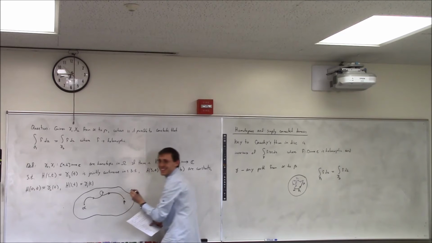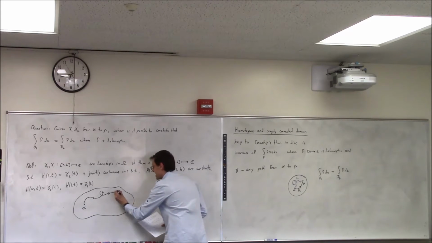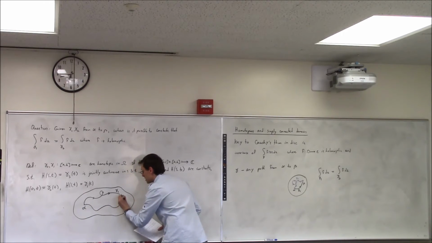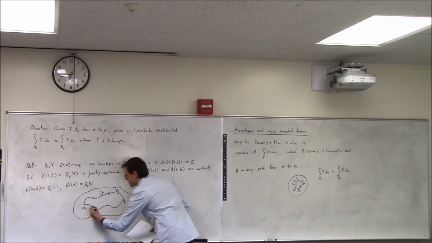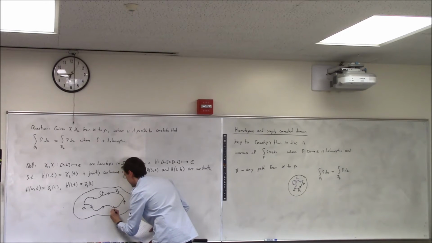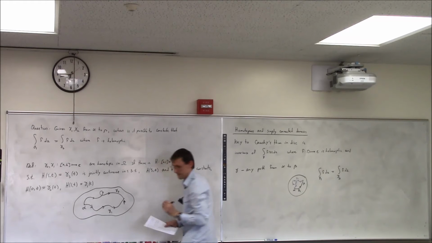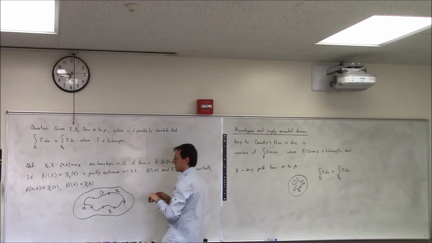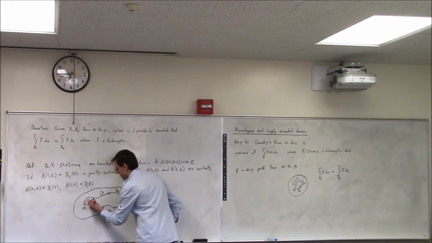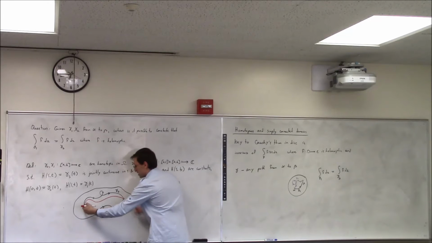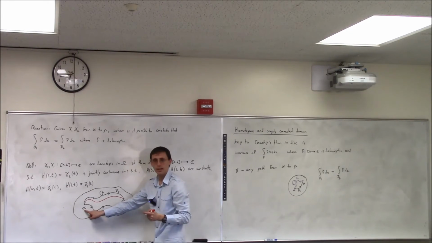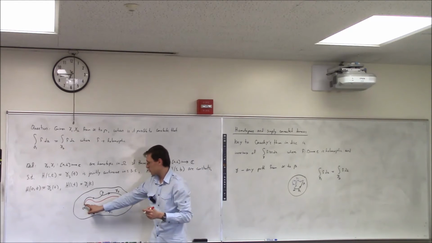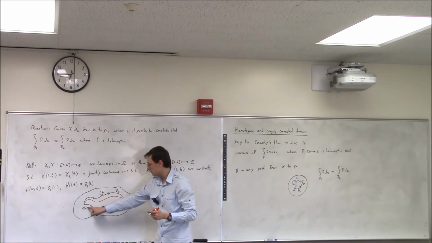So this is gamma 0, and somewhere here is gamma 1, and you see you have intermediate curves. That's why there are constants at s equal to 0 and s equal to 1. When s is equal to 0, we are at this curve. When s is equal to 1, we are at this curve.